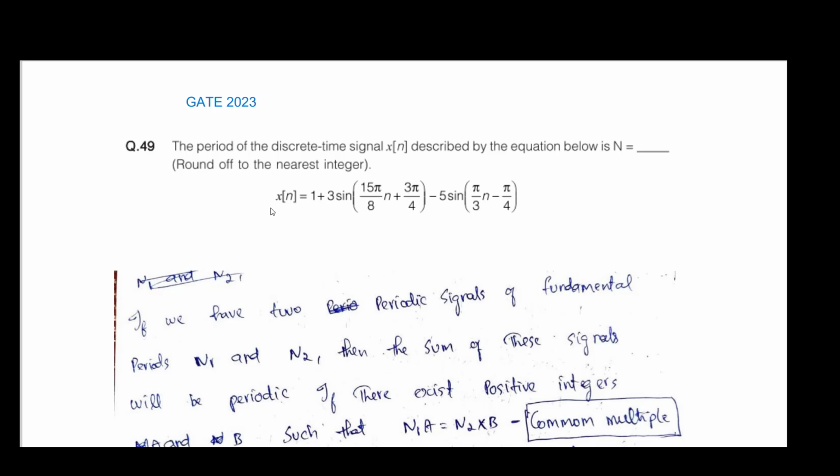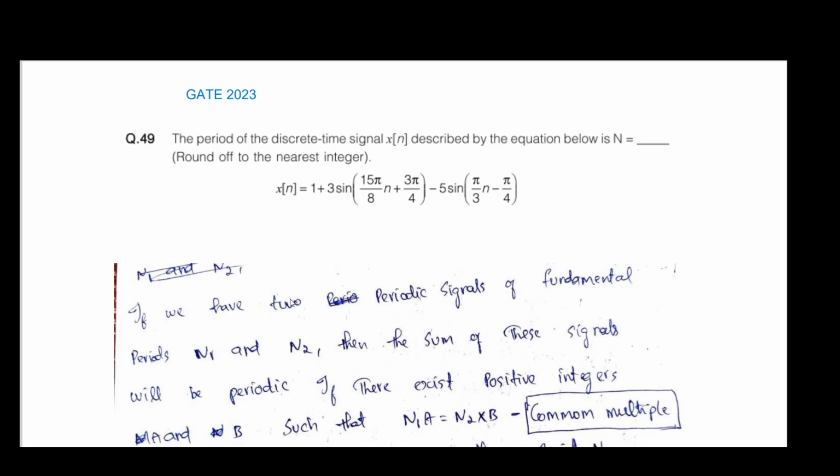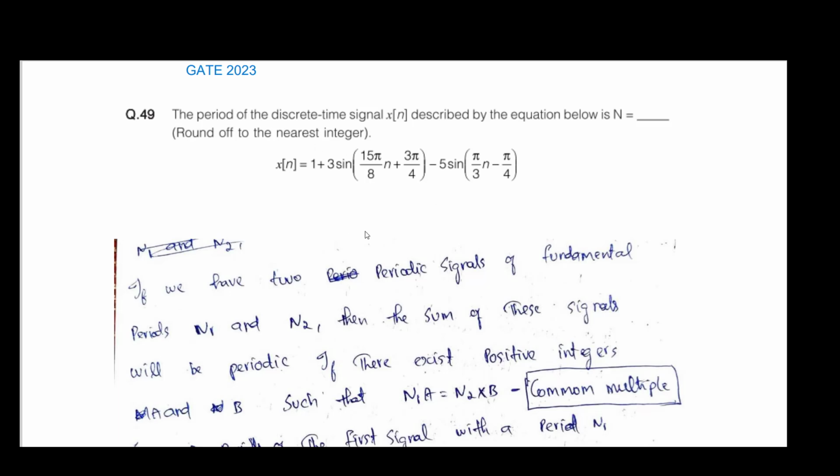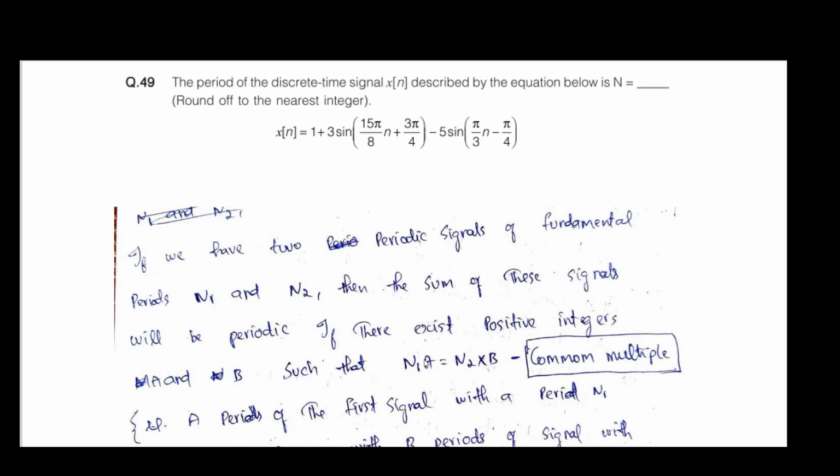The condition that x of n will be periodic is that there must exist integers a and b such that a times the period of the first signal equals b times the period of the second signal. Keep in mind that as this is a discrete signal, n1 and n2 will also be integers. So there should exist two integers a and b such that a n1 equals b n2. That is the condition that x of n will be periodic.